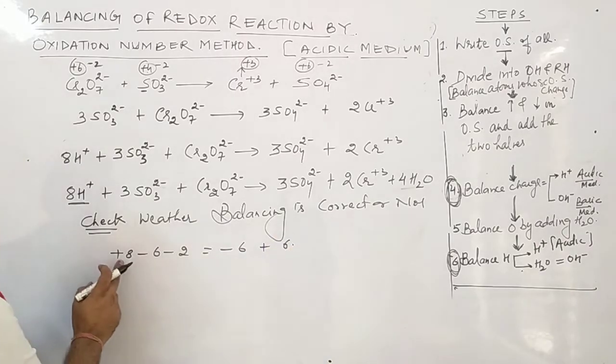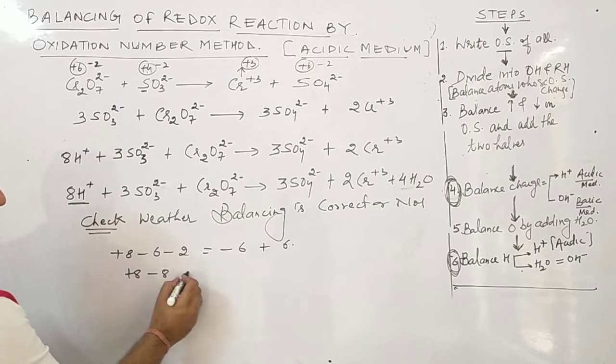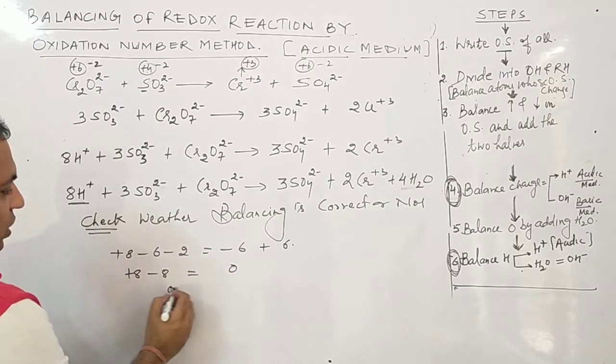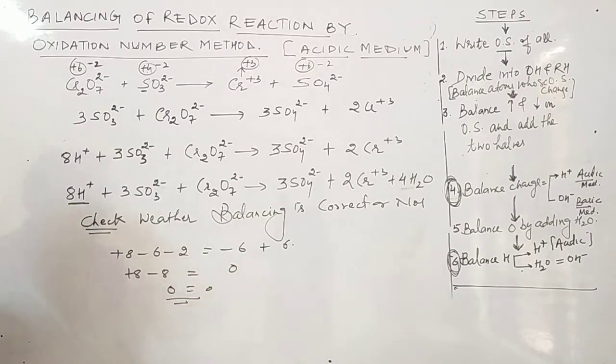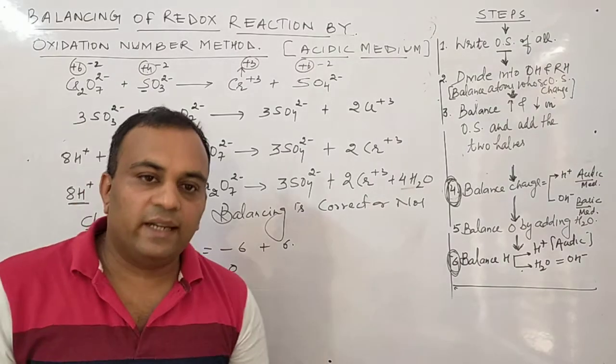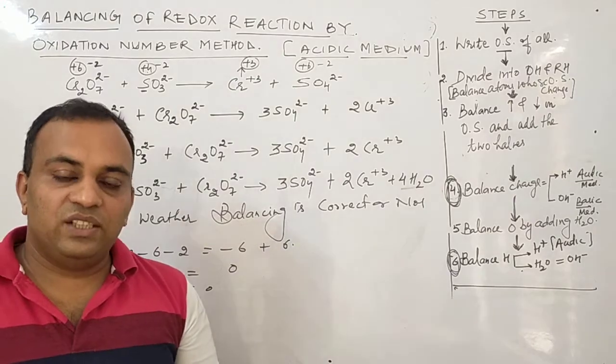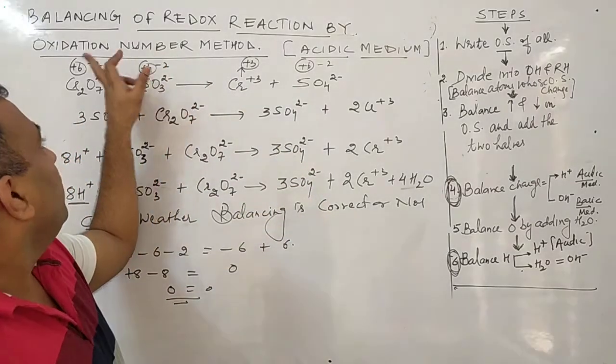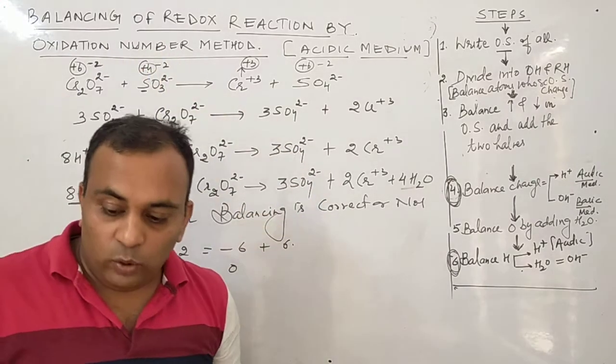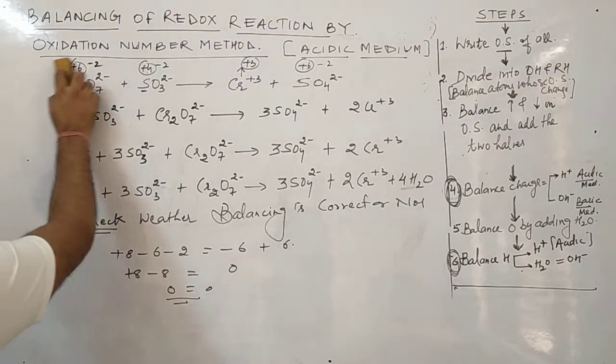So I think this will be plus 8 minus 8 equal to 0. So 0 equal to 0. So charge on left hand side is equal to charge on right hand side. So this beta we have done the first balancing, that is in acidic medium, according to which method? Oxidation number method.